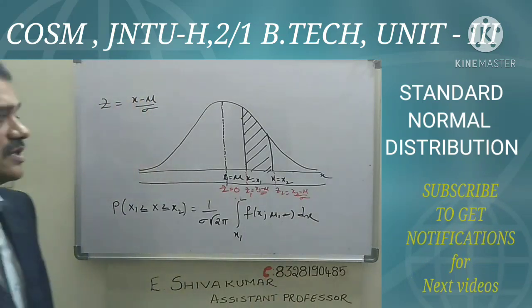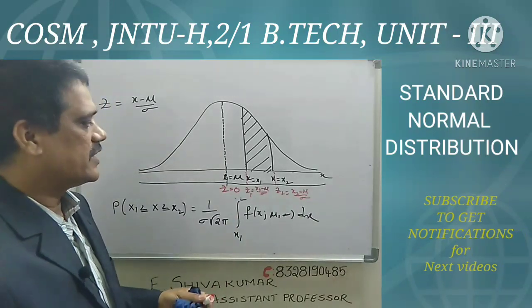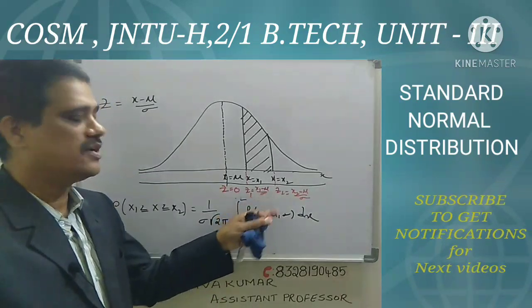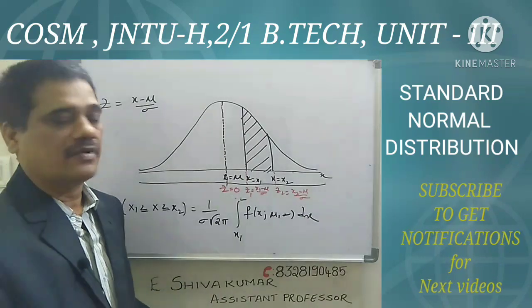Now by seeing the table, for the corresponding values of z1 and z2, we can easily calculate the area.